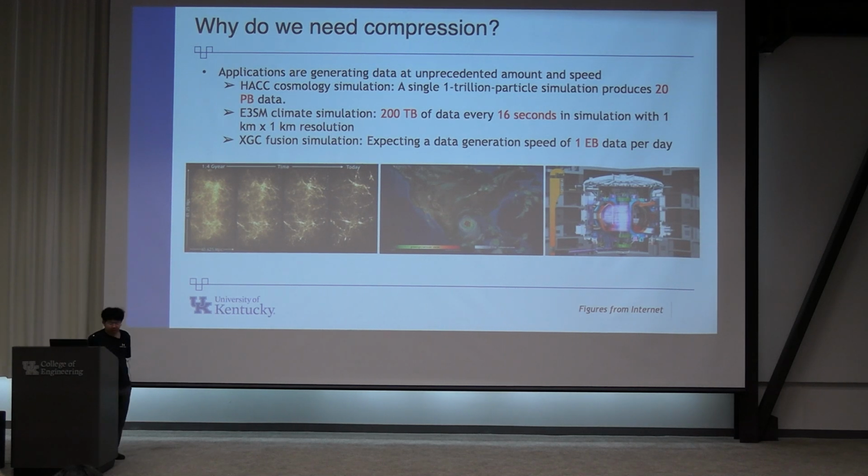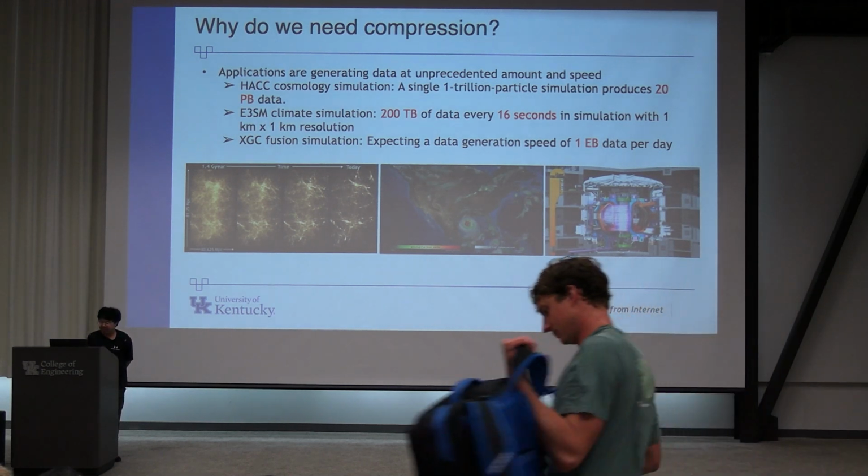The next example is the fusion simulation, used at PPPL, the physics national lab. This kind of simulation studies how we can construct future fusion reactors. They study how the particles move inside the fusion reactor to find out how to make the correct construction. This kind of simulation is expected to produce data at 1 exabyte per day.